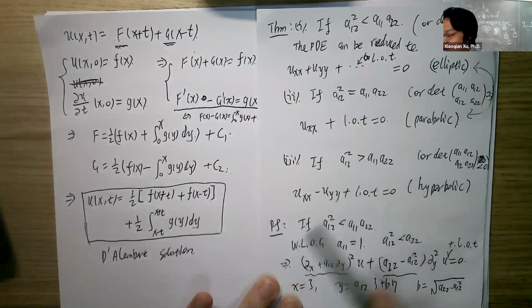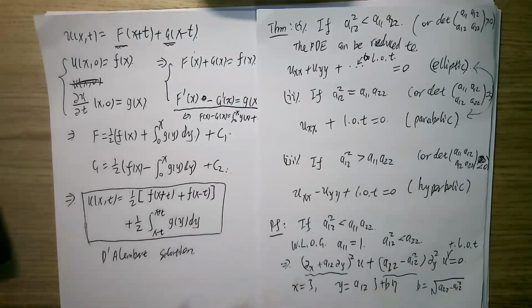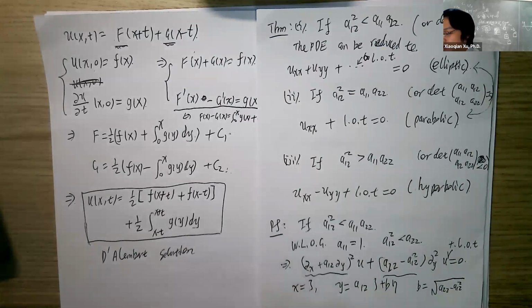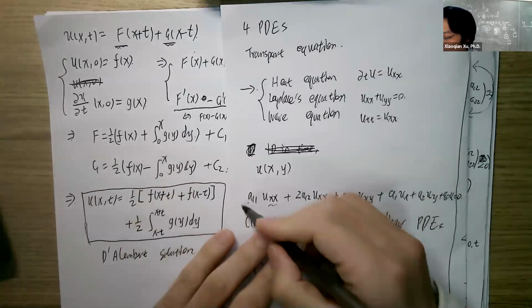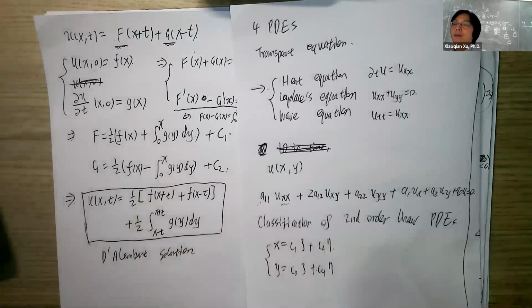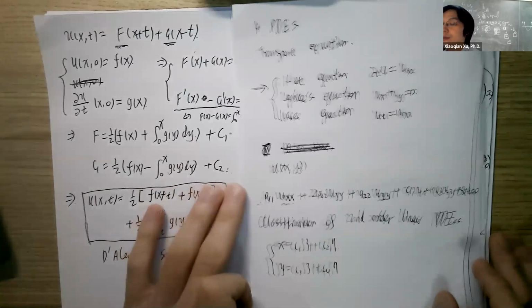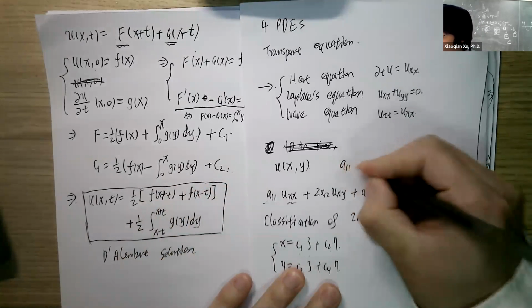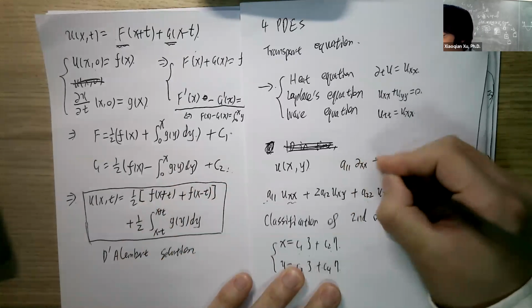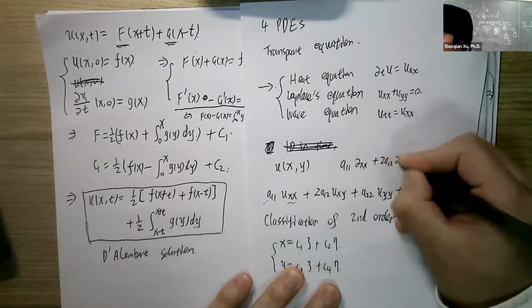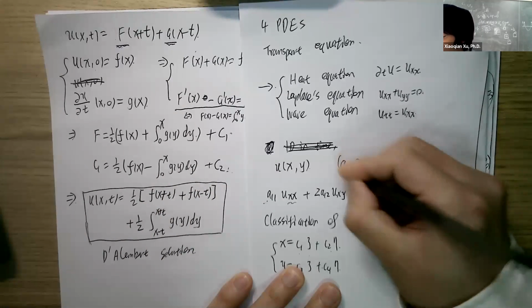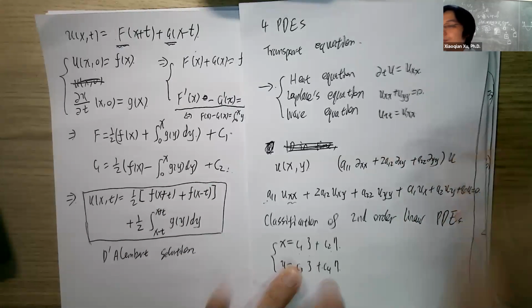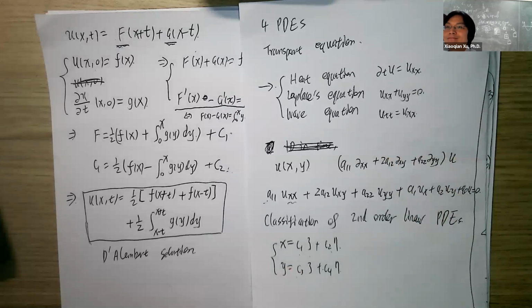This part. So for this part, what you're trying to do is, again, write your differential equations as some operator acting on u, okay? Like a11 partial xx plus 2a12 partial xy plus a22 partial yy, this part acting on u, okay?